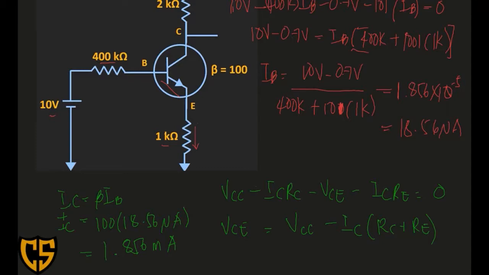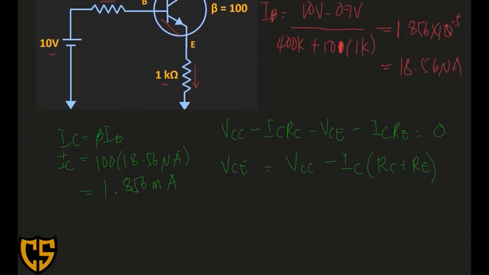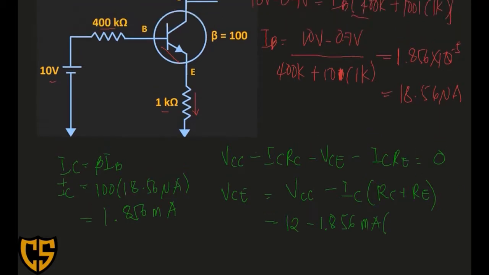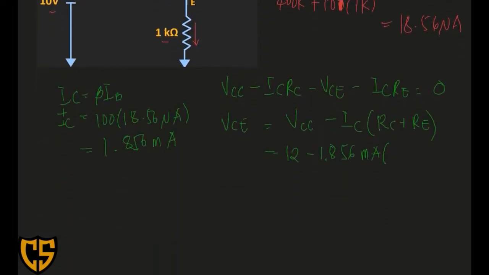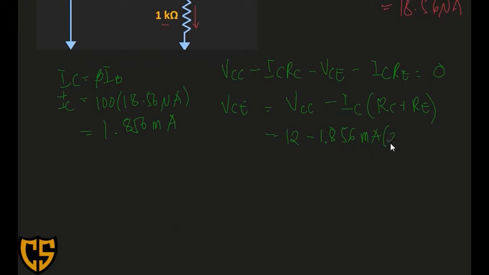Okay, so substitute kita values. So VCC naton 12 volts minus IC naton is 1.856 milliampere times RC naton nga value is 2 kilo ohms. So 2 kilo plus RE naton is 1 kilo ohm.